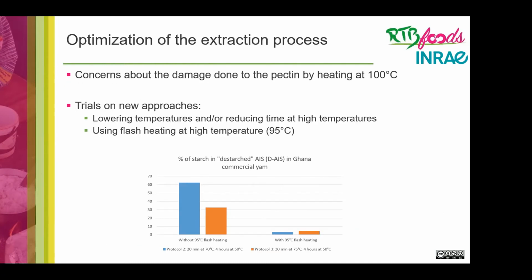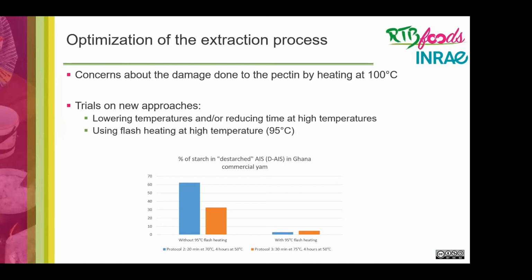That's why we try to lower the temperature. We got inspired by the work of the GHI on sweet potato. They have a protocol with 20 minutes, I think, at 70 degrees, and then 4 hours at 50 degrees. So we did the same, but as you can see in the graph, we still had 60% starch left, so it was not efficient enough for yam.